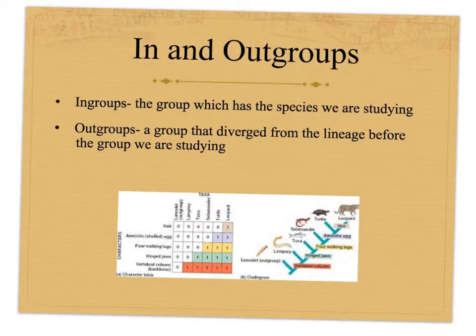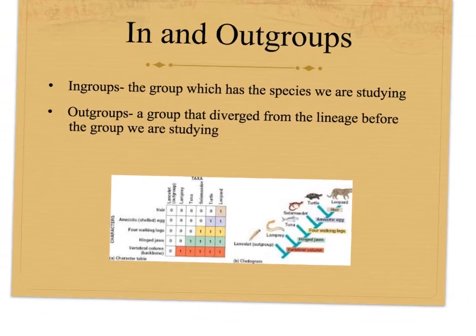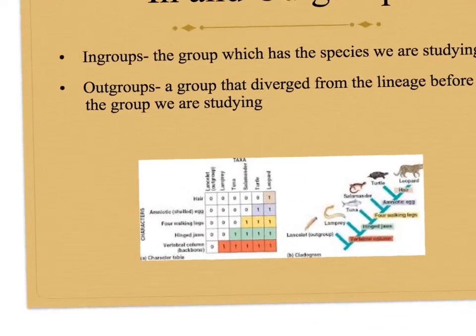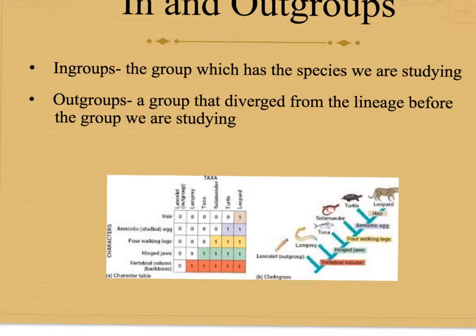Okay, the outgroups are a group that diverged from the lineage before the group we are studying. Sorry for all the movement there. And that would be the lancelets, because they are the outgroup. They don't have an actual backbone.